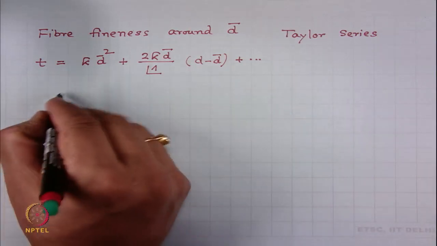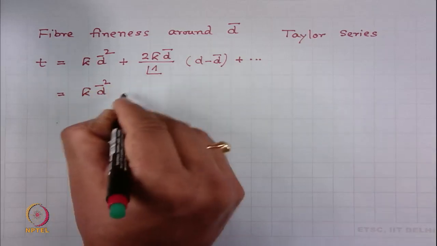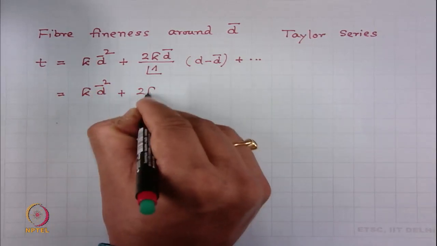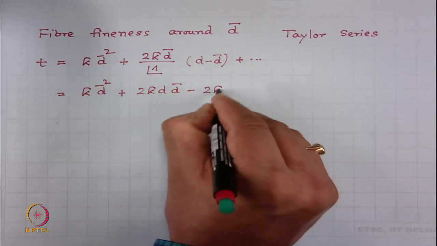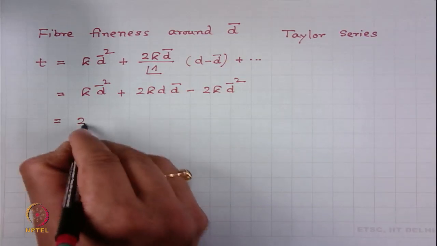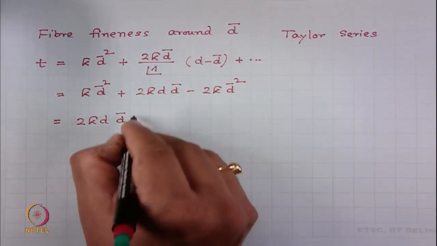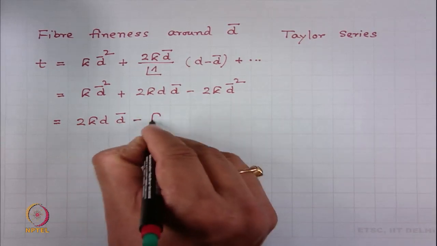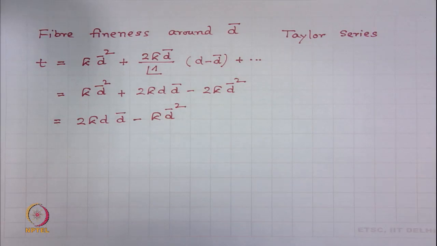So, what do we obtain? k d bar square plus 2 k d bar into d minus 2 k d bar squared, that is equal to 2 k d d bar minus k d bar square.